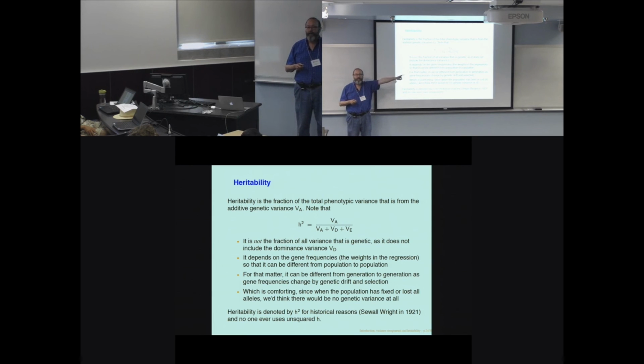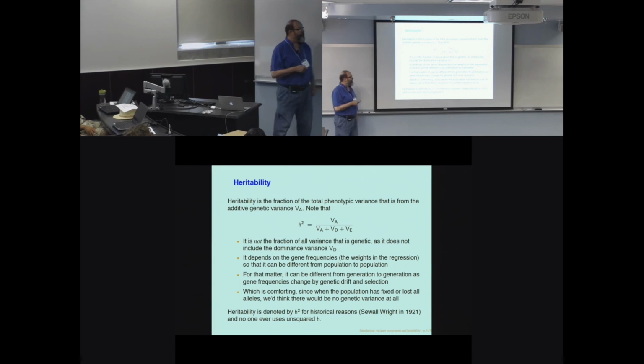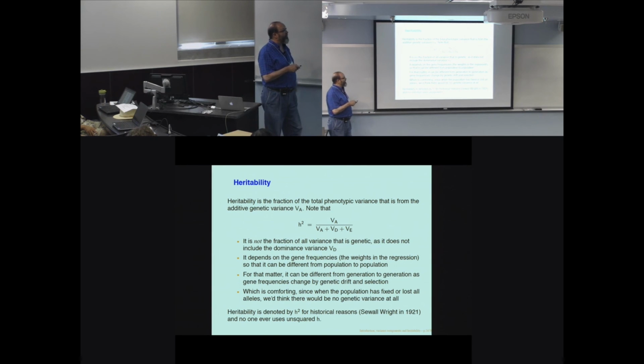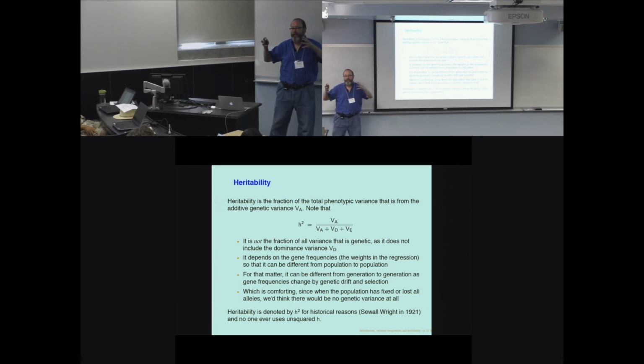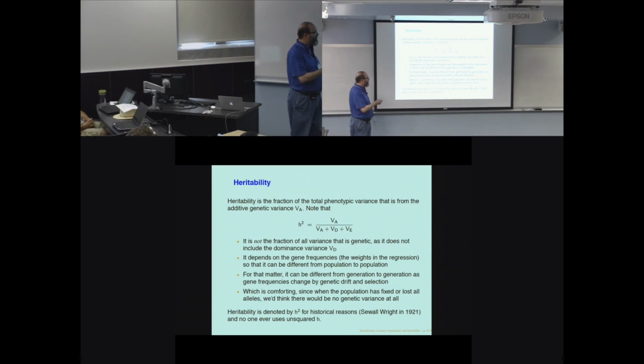That means that in two different populations where a given locus has different gene frequencies, the alphas will be different. And the result will be the contributions to the V sub A term will be different. And so these quantities are not magic numbers that automatically associate with the trait. They're specific to the particular population because they depend on the gene frequencies.